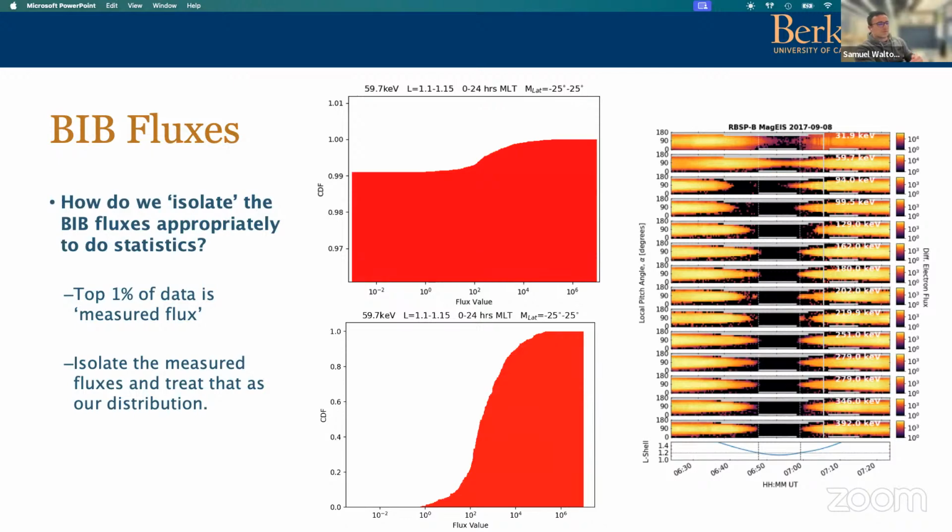So when we're below L of 1.2, we only take the measured fluxes. For the rest of this talk, we'll only be looking at, depending on where you are, around the top 1 to 10% of measurements. So that was how we were going to isolate these interesting fluxes to analyze in a statistical study.